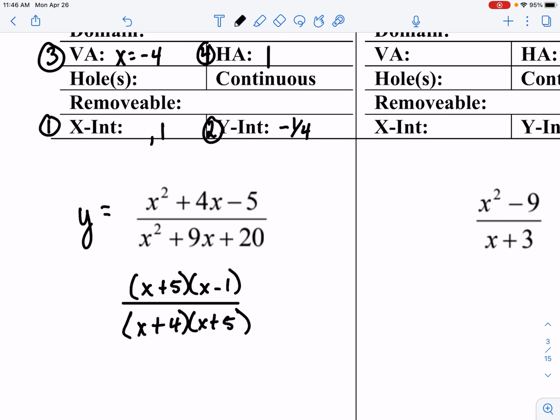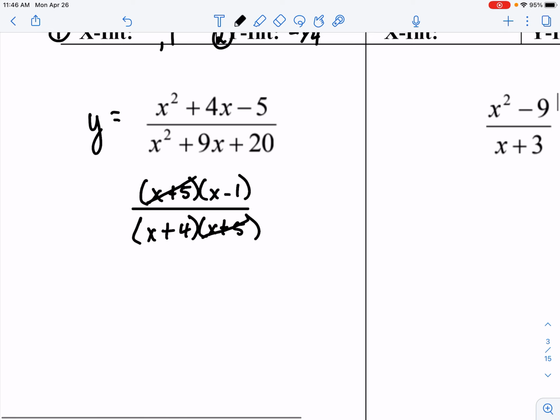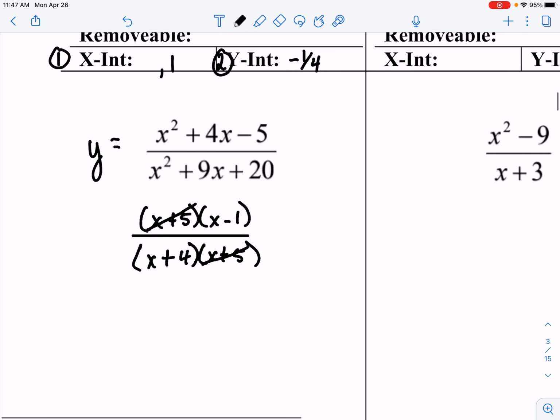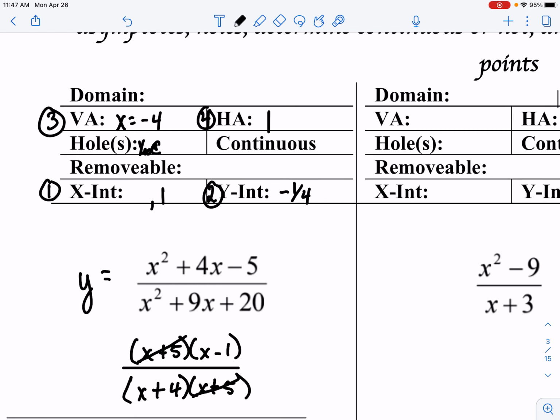If I do not, then I'm not going to have a hole. So I have x plus 5 on top. I have x plus 5 on bottom. So I'm going to say yes. At what value? Again, remember, the value is what makes the common factor equal 0. So subtract 5 from both sides. x equals negative 5. So I have a hole at x equals negative 5.